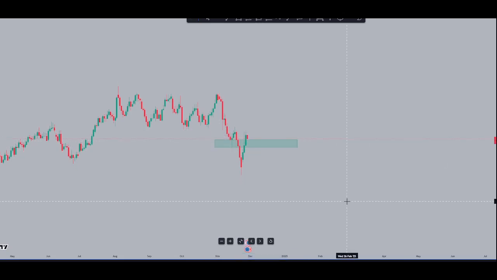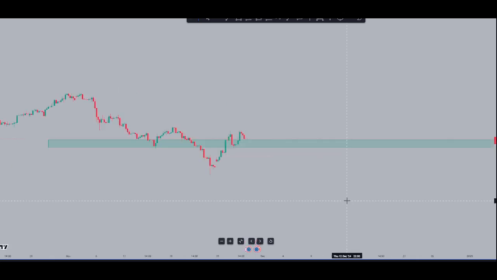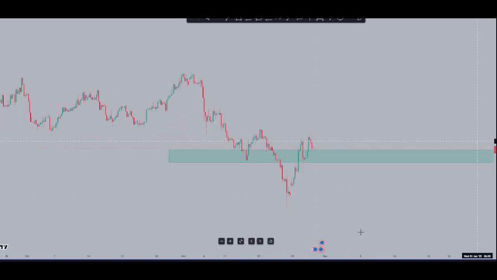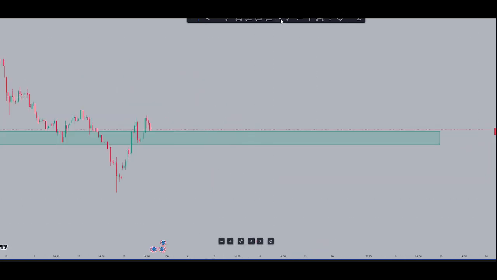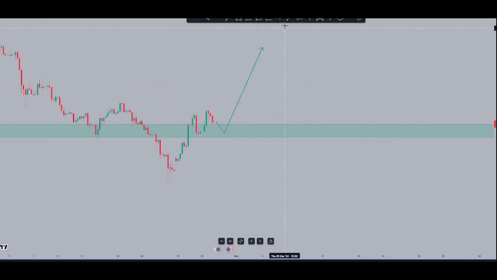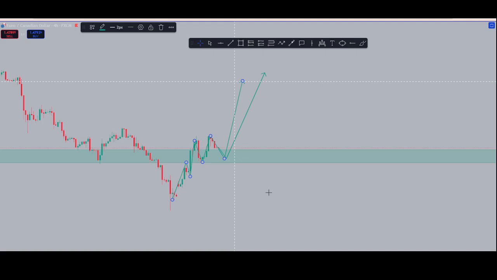And this inverse head and shoulder represents the presence of buyers in the market. Now what we're expecting is for price action to mitigate this zone here so that we can take a buy opportunity. And mind you, the structure of the 4 hours time frame is bullish. Higher high, higher low, higher high, higher low, higher high. So that's time for price to come and give us a new higher low so that we can take a buy opportunity. These are very simple.